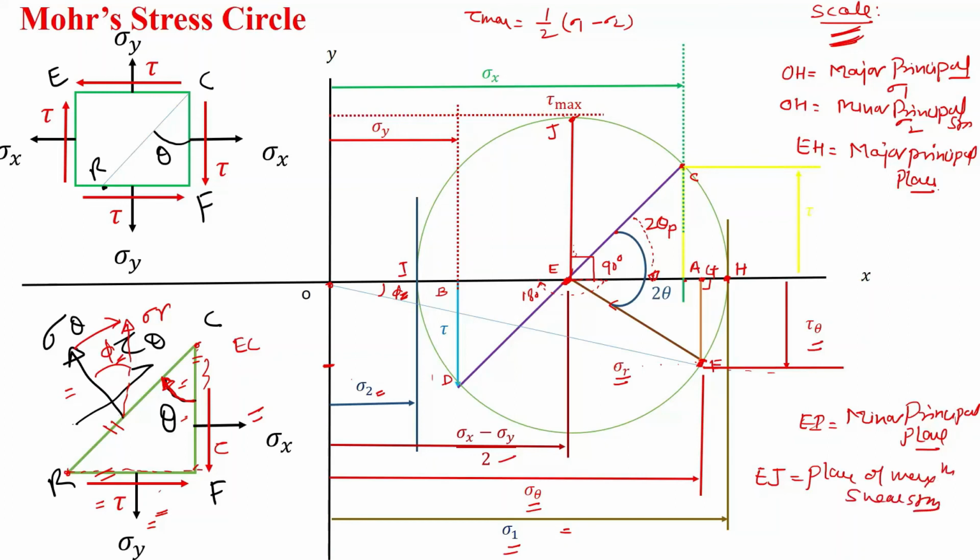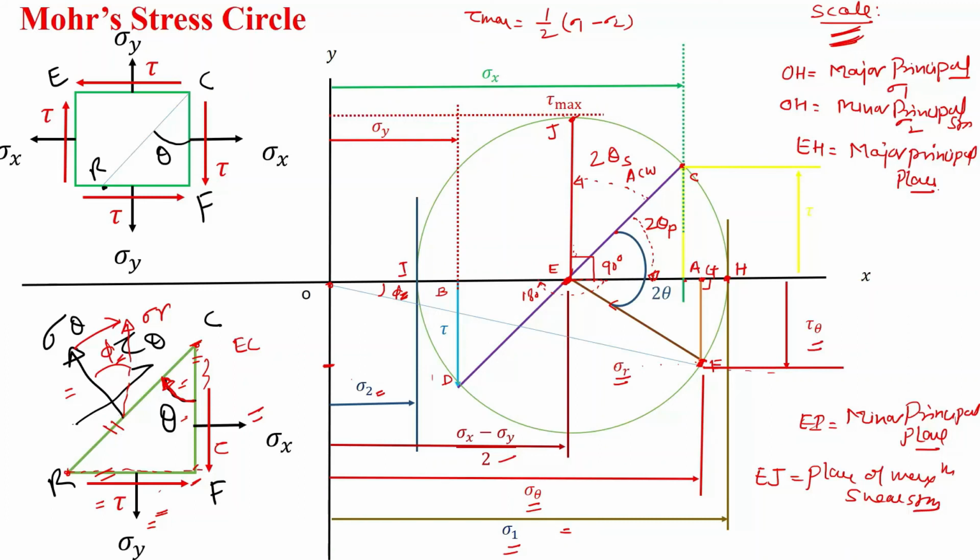And now we can find out the orientation of the maximum shear stress plane from the vertical plane, which is represented by EC. Now we can measure this angle. This is the 2 theta S angle. As we know, the maximum shear stress plane is anti-clockwise from the EC plane.